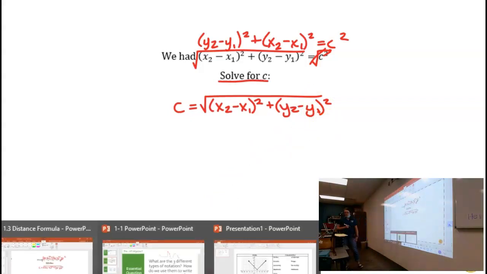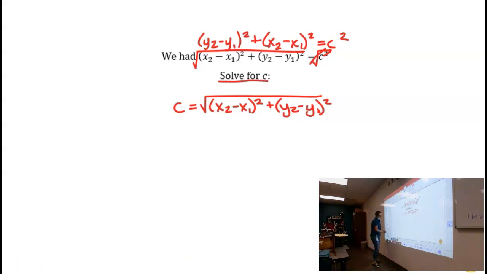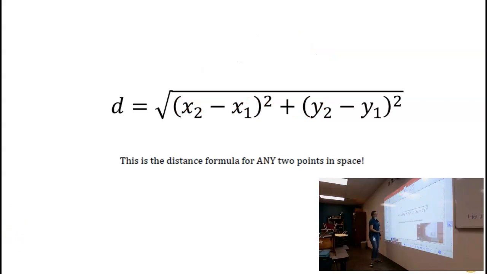And this, folks, is the distance formula for any 2 points in space. And you derived it from the Pythagorean Theorem. The Pythagorean Theorem, along with the distance that you learned a few days ago, the absolute value of the difference of 2 points, all of that comes together and allows us to calculate the distance formula for any 2 points in space.